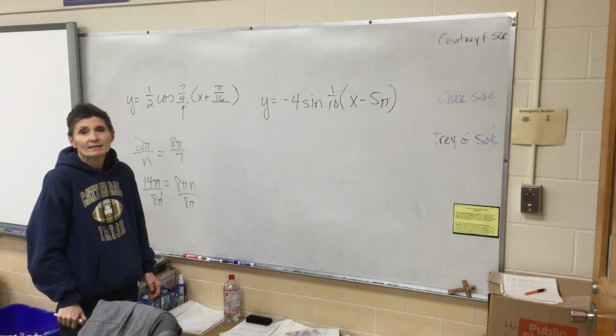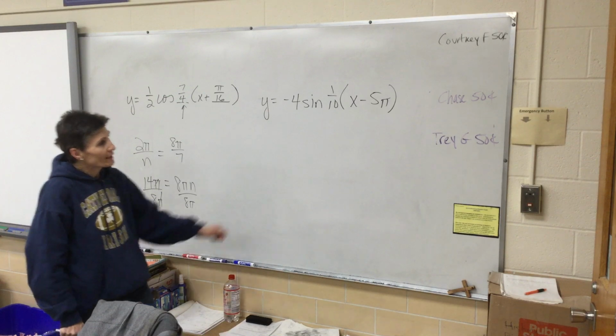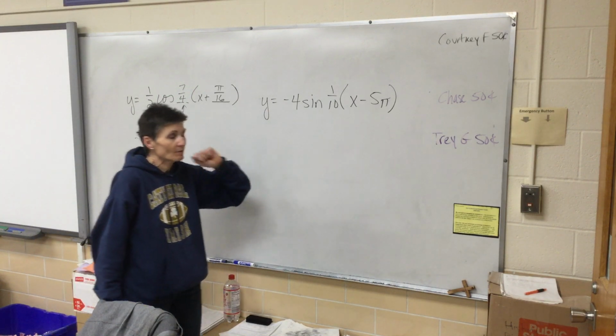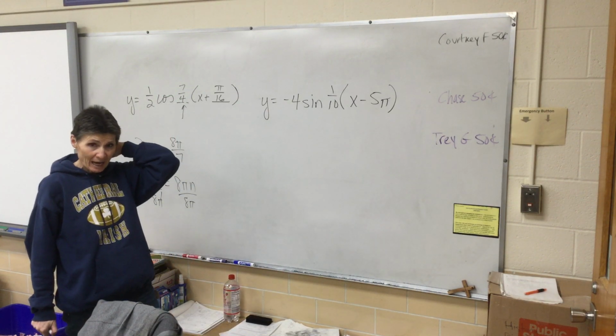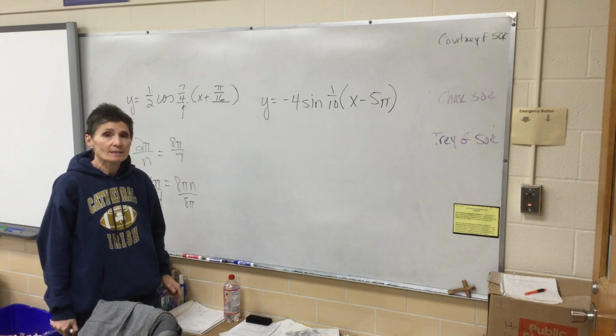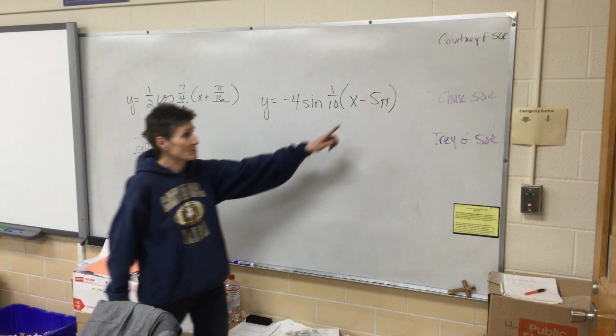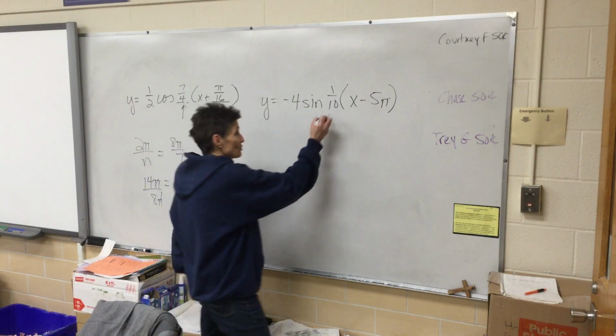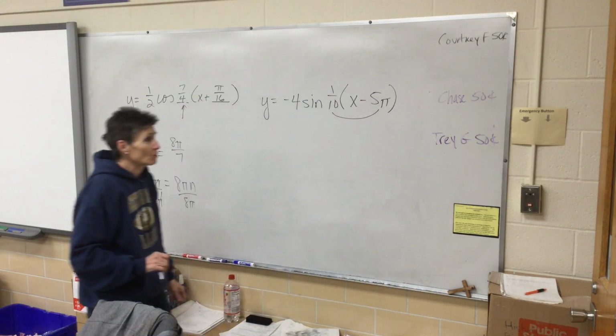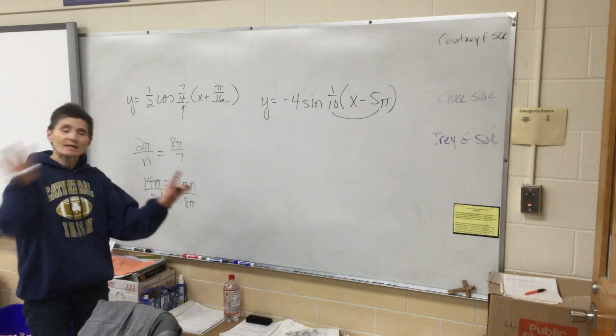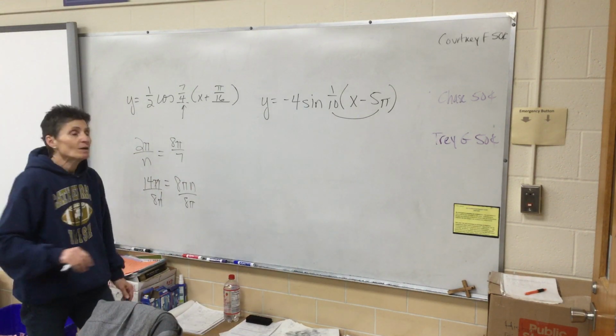I'm not graphing it. But for practice, I went ahead and factored out my 1/10. Factoring out 1/10 is like dividing by 1/10, which is multiplying by 10. So that's how that got there. And again, distribute it back, and you get your pi over 2. But again, that has nothing to do with the frequency.